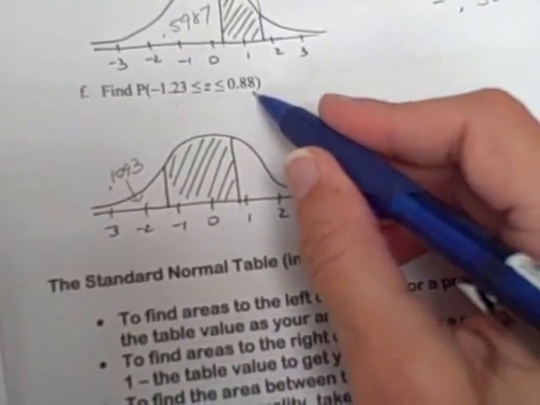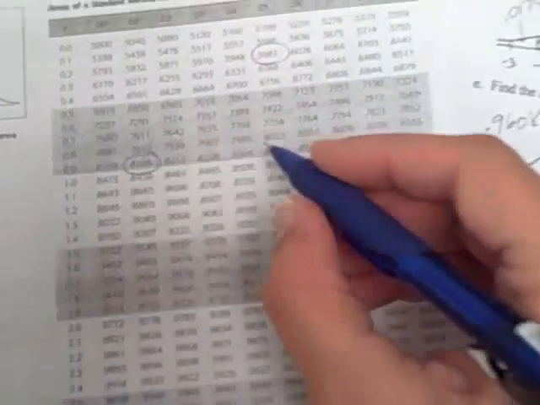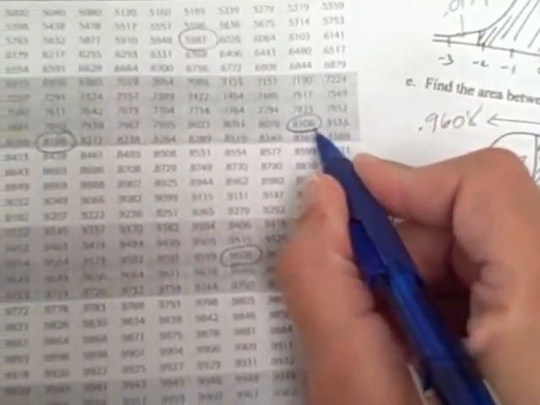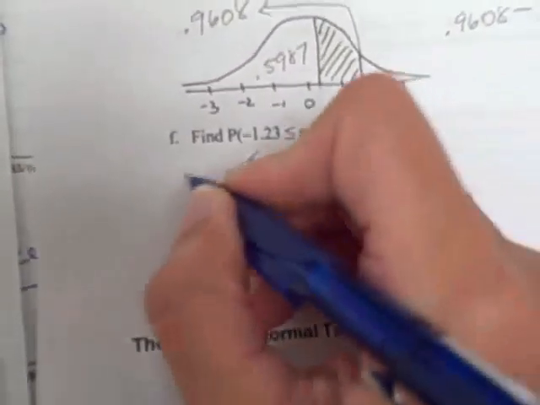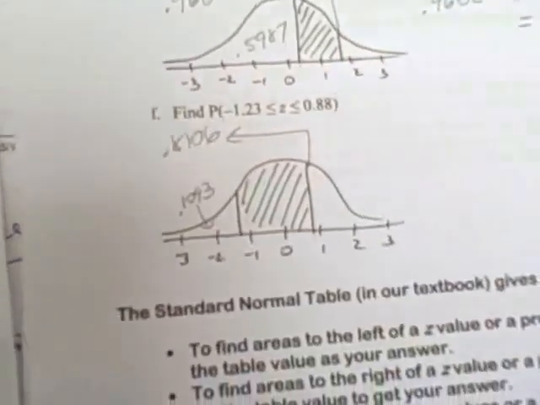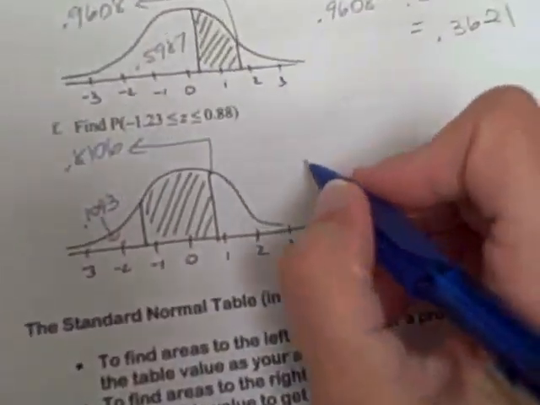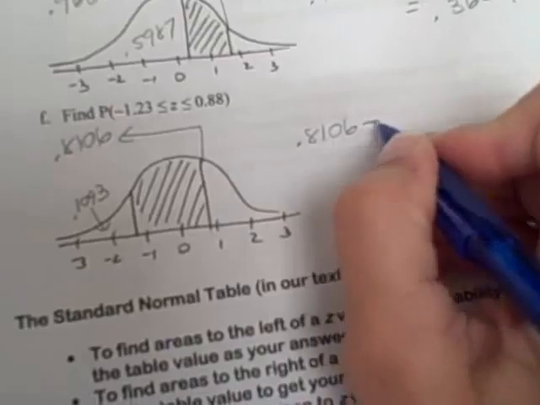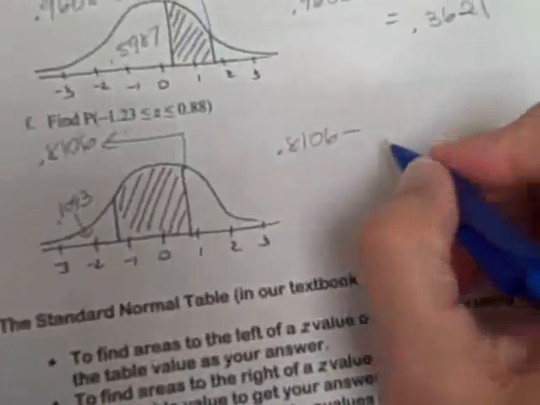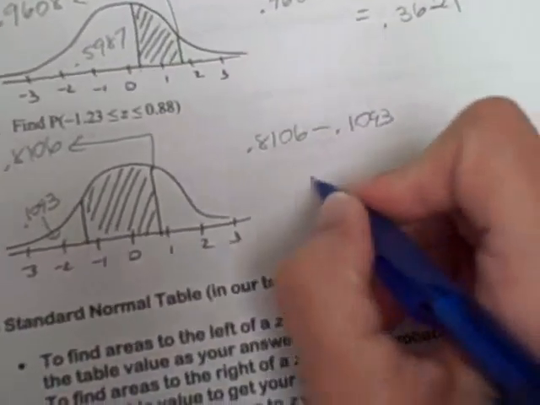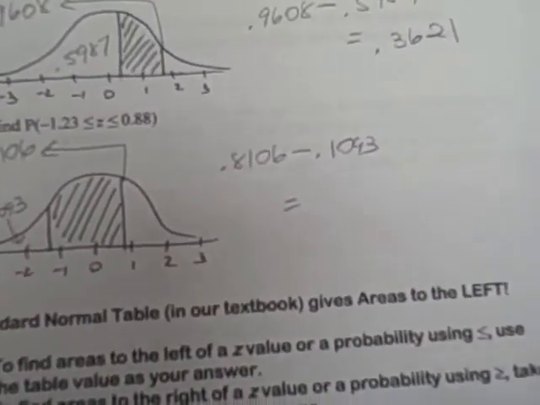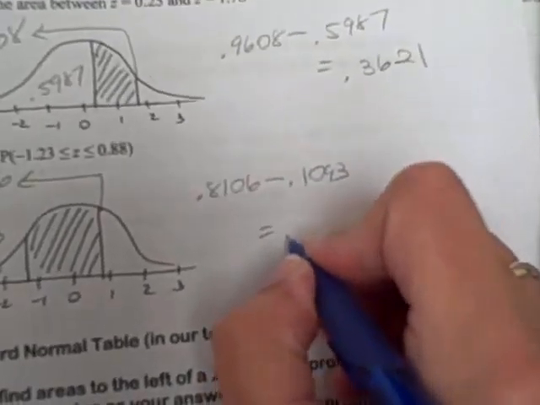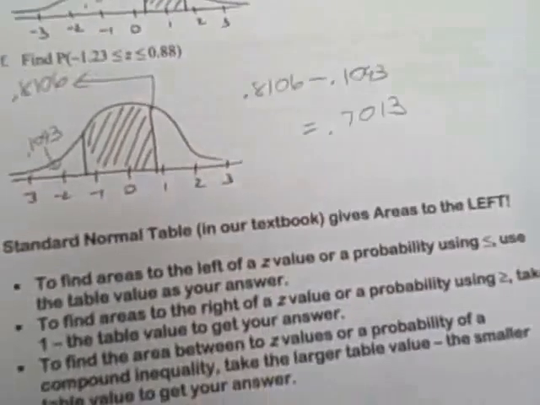When I look up 0.88, I get 0.8106. So that's all this area to the left. So to get the between, I'm going to take that big area to the left minus this little area that I don't want. Which gives me 0.7013 as my probability.